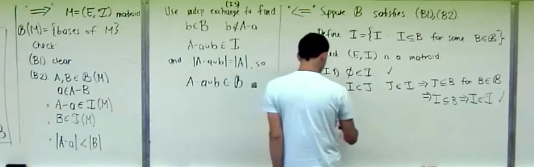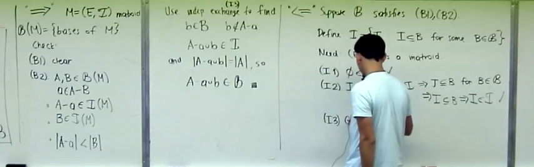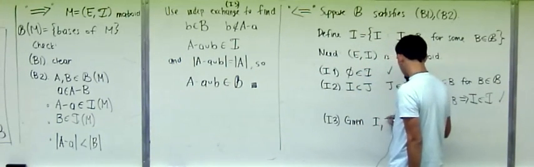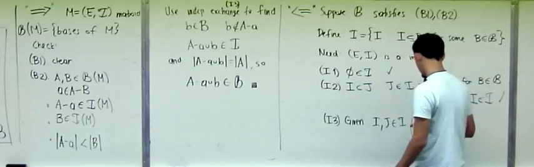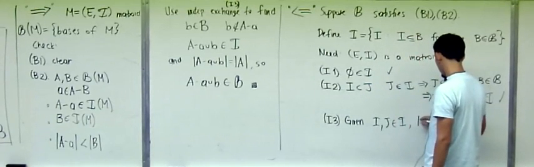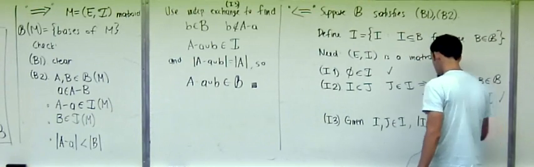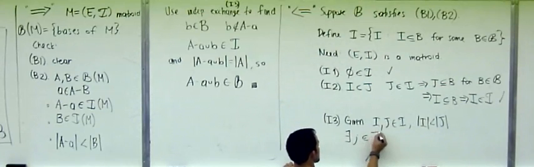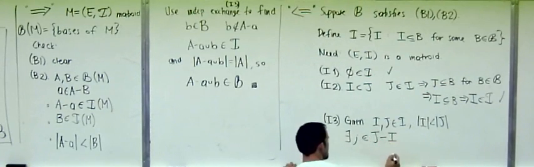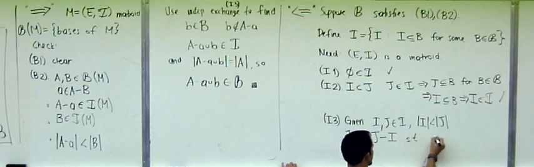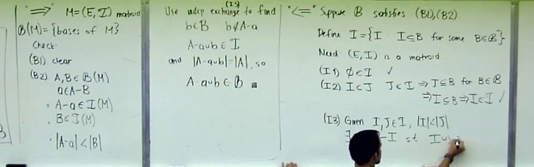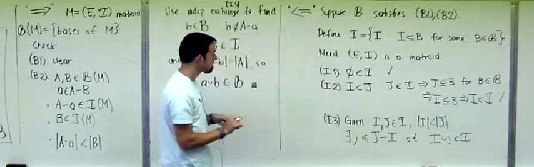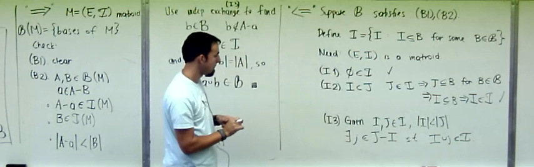The exchange axiom says that given I and J independent with I smaller than J, there exists an element in J and not in I, such that you can add it, I union that element is independent.